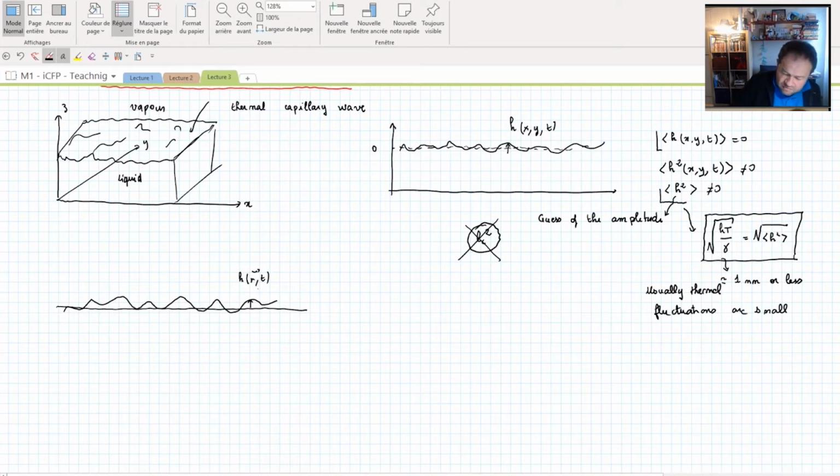What I would like to know is the excess of free energy which is due to the fact that the surface is not flat. First of all, we can do that in 1D, and we will generalize it a little bit later.